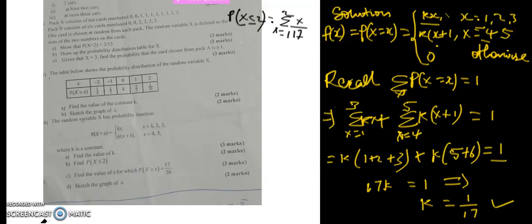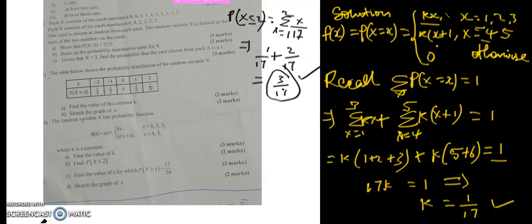This simply means that when it is 1, it is simply 1 over 17, plus when it is 2, it will simply be 2 over 17. So when we add this together, we will simply have 3 over 17. And this will be our second solution.